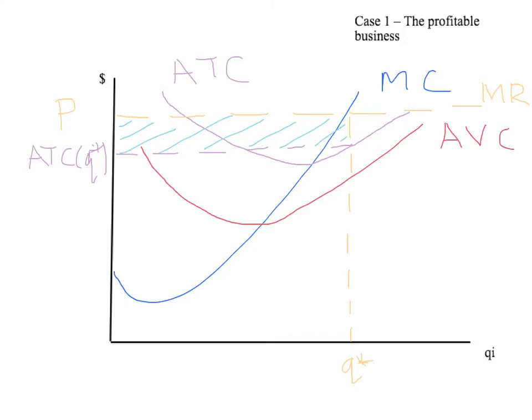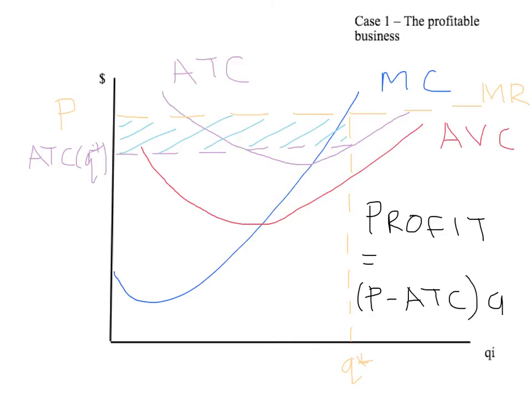It's just equal to the profit of the firm. And the profit of the firm, as given by that rectangle, is simply price minus average total cost times quantity. That's just another way of writing our revenue minus cost equation. So notice that this firm is profitable. It's making a positive level of profits. Its revenue is greater than its total costs, and that's what we've called case one, the profitable business.